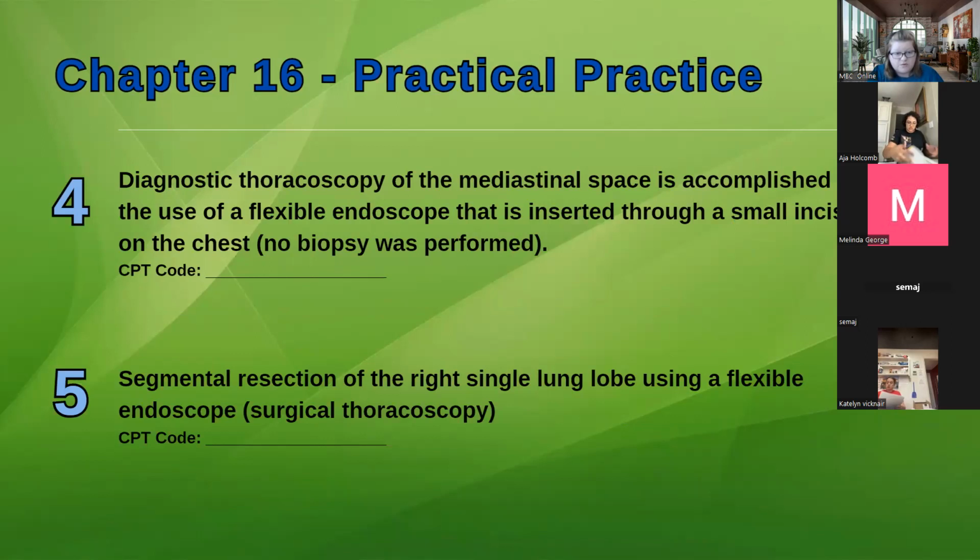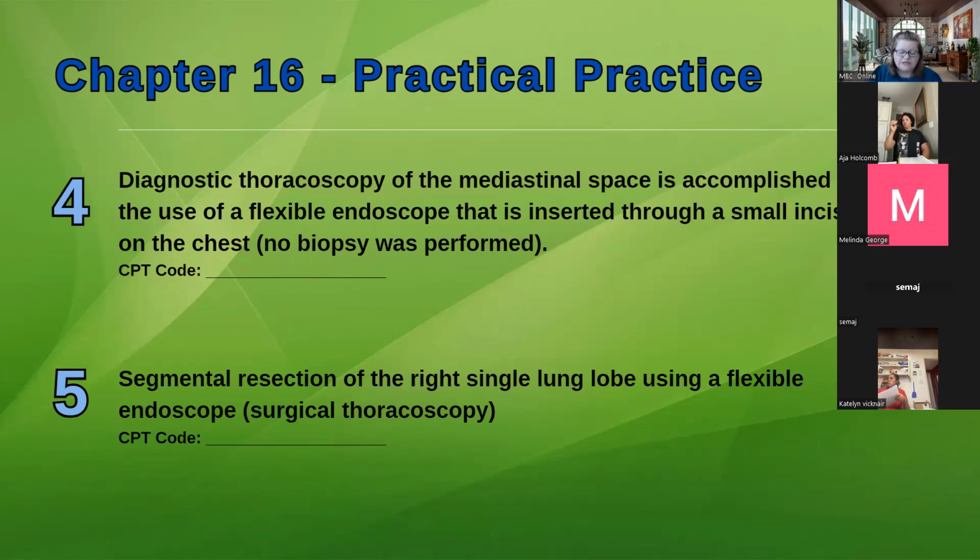All right, so we have thoracoscopy, and you've got to watch your spellings on some of these procedures, because there's thoracoplasty, thoracoscopy, thoracostomy, thoracotomy.